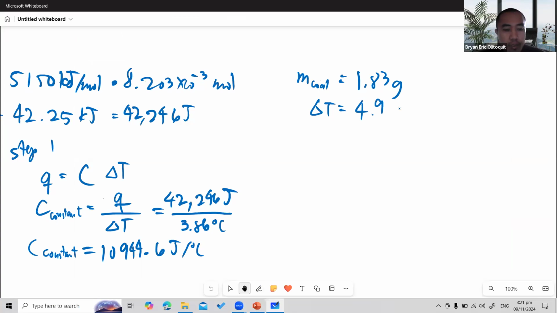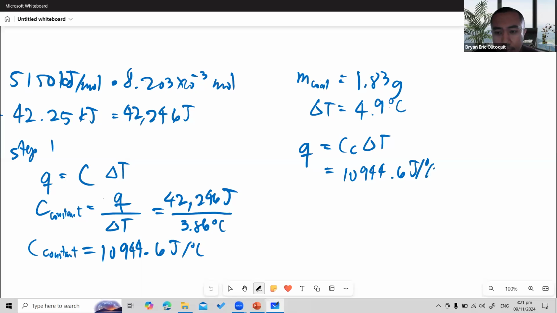If we determine the heat from the calorimetry constant with the change caused by the coal, we have a change in temperature of 4.9. So we have 10,944.6 joules per degree Celsius multiplied by 4.9 degrees Celsius.